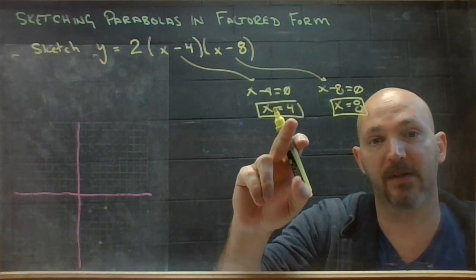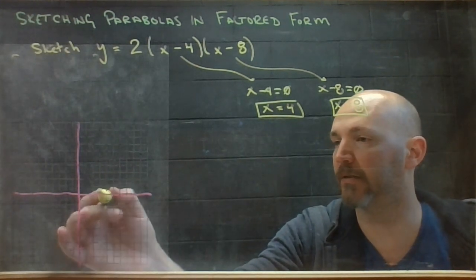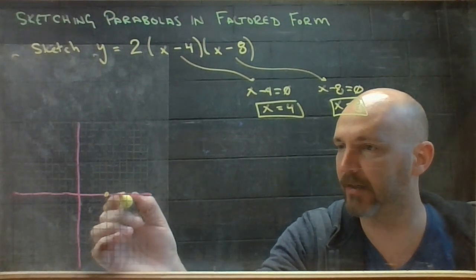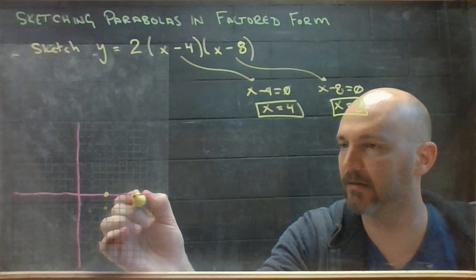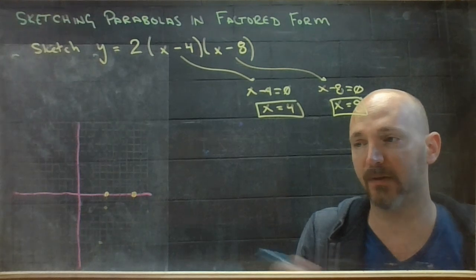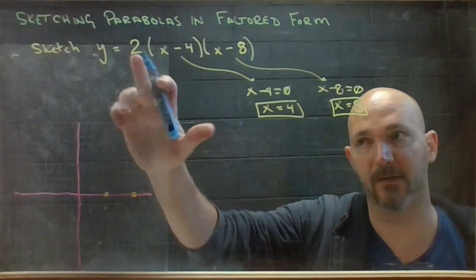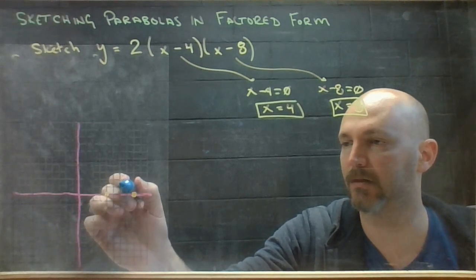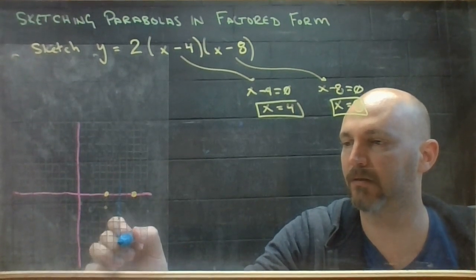So I have an x-intercept at 4, 1, 2, 3, 4, and an x-intercept at 8, 5, 6, 7, 8. So my line of symmetry has to be dead center between those. Notice none of this is different for that 2, not yet. Dash in my line of symmetry.